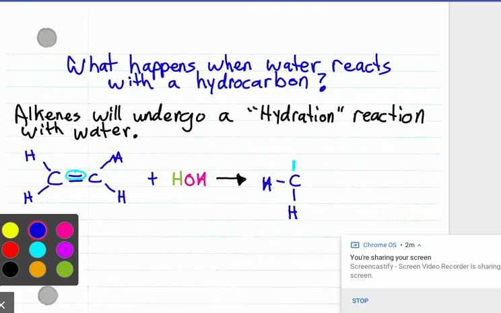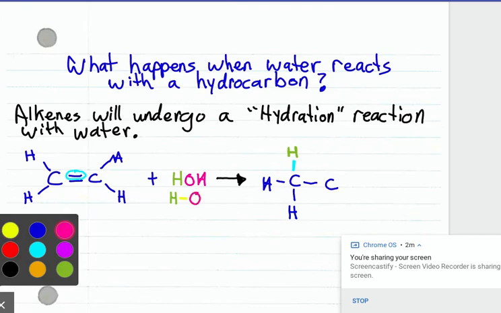Now, this bond connecting the carbon still exists. And what happens is those electrons that shifted from the double bond end up being used to attach one of the hydrogens from the water. Now, we have to remember too, I'm just going to draw this down here, that the hydrogen was being attached to the oxygen with a bond.